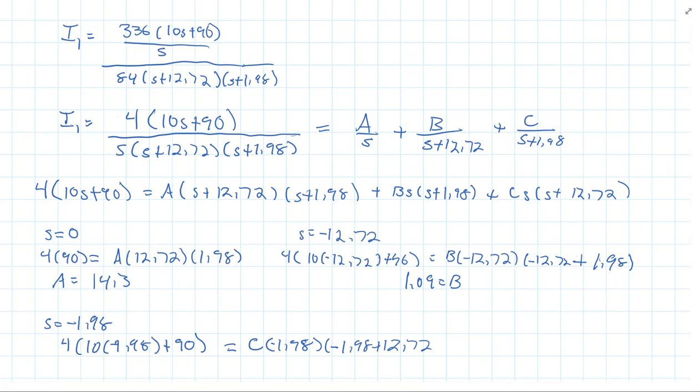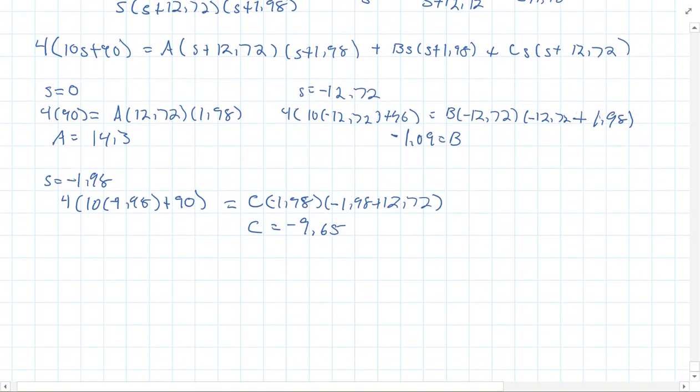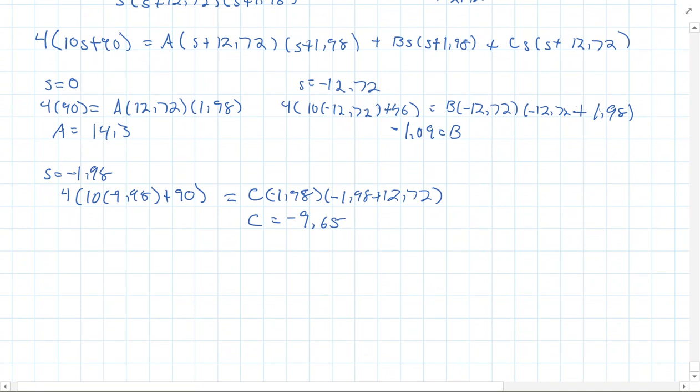And I made one mistake here. This b is definitely negative. And then we compute that, we get c equals negative 9.65, I believe. Obviously double check all of my arithmetic.